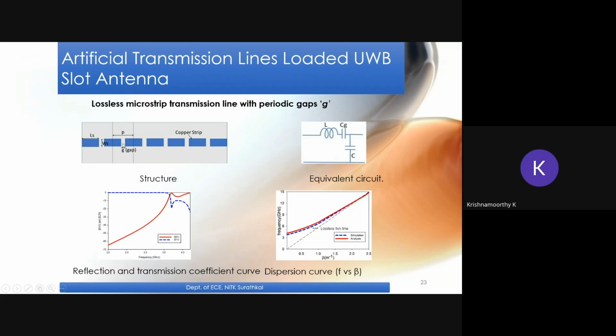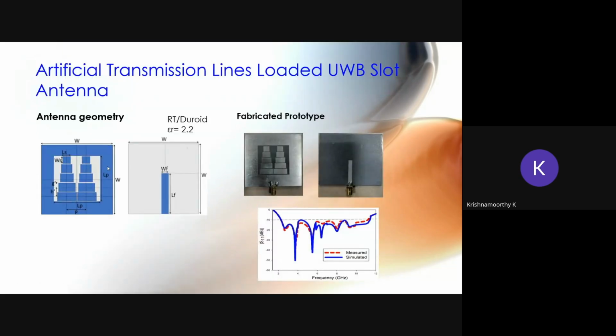In this slot antenna, we load artificial transmission lines with different widths. This is one transmission line, this is another, and this one is another. The gap in the transmission line gradually varies.